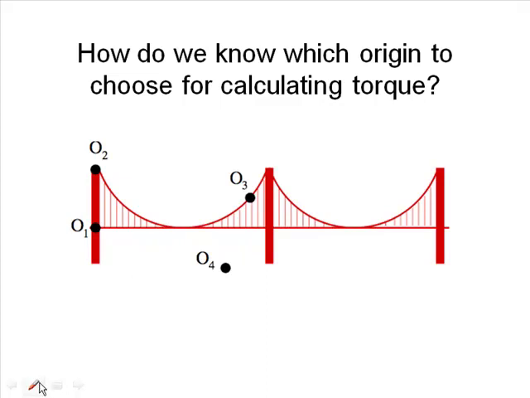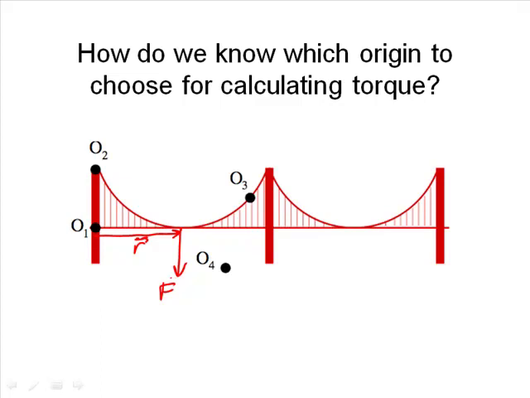So let's consider, suppose there were a force acting on this bridge right here. That's a force. If I find the torque around origin 1 here, I put the fingers of my right hand so that they point along the direction of this radius, and I have to turn my hand so that I can bend my fingers freely and easily at the knuckles into the direction of the force.